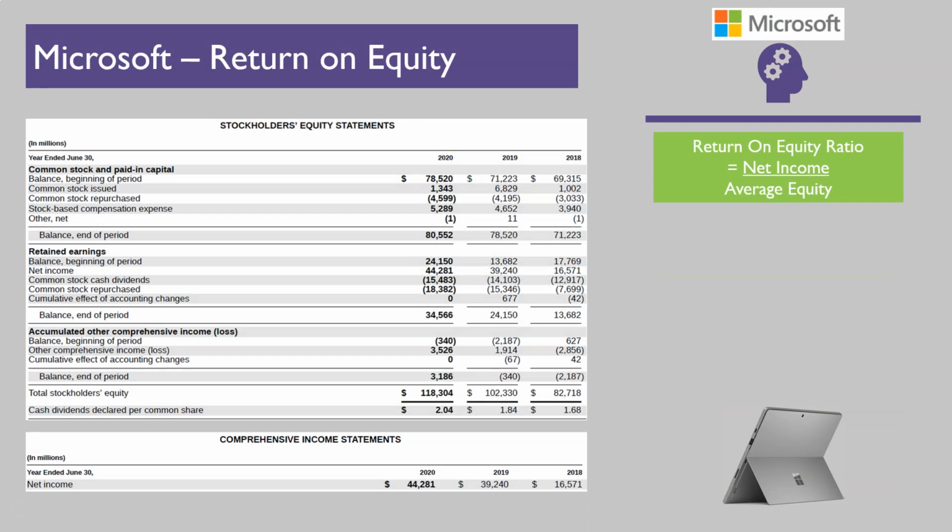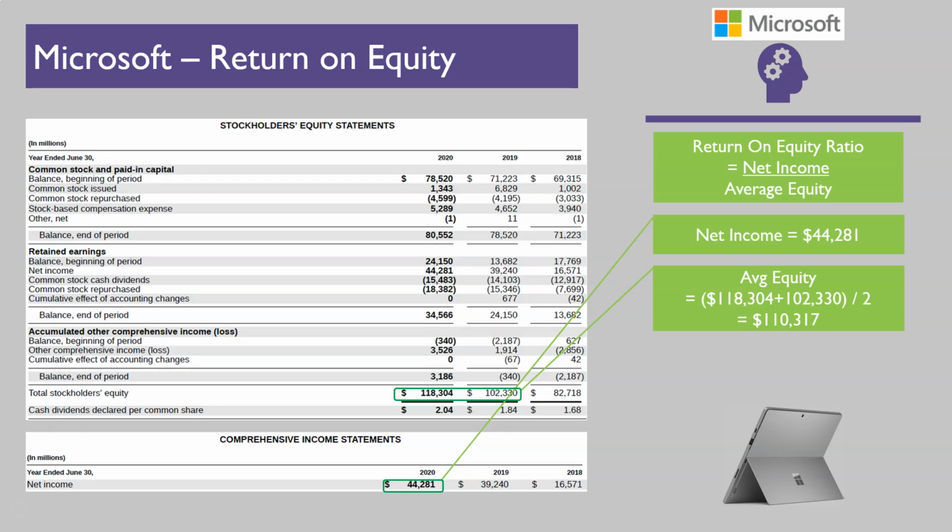Now on this slide, we'll calculate the same ratio for Microsoft. We'll use the same formula by taking net income over average equity. And for Microsoft, we have net income of $44.3 billion.